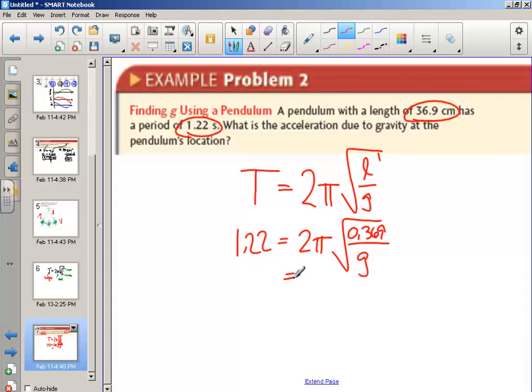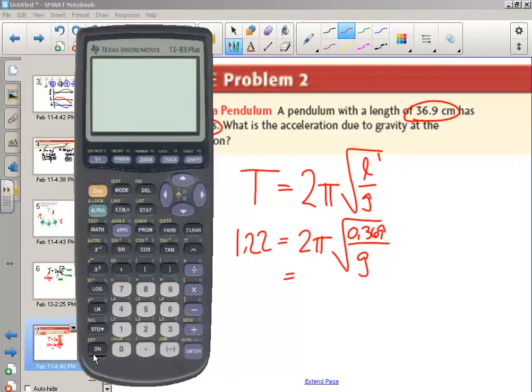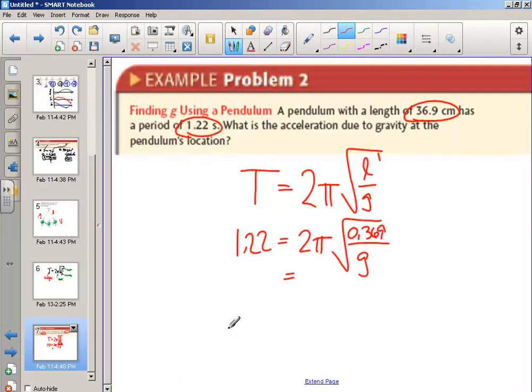Oh man, this is a little bit complicated, so I may have to pull up my calculator to take this through step by step. So I'm going to take, first of all, 1.22 divided by 2 pi, and I get 0.194. And that's equal to the square root of 0.369 over G.